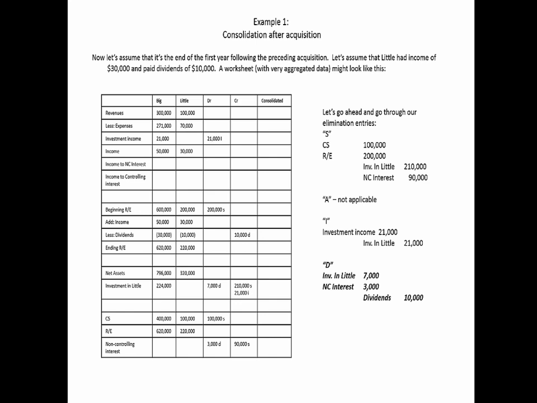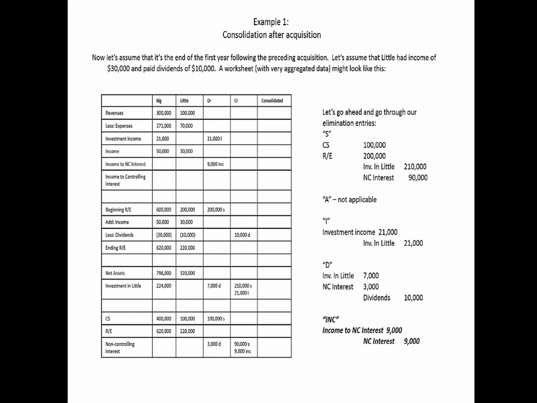When the subsidiary paid out dividends, that reduced their equity or their net assets, thereby reducing the value of our investment. And the same thing applies with a non-controlling interest. When the subsidiary pays out dividends, that reduces the net assets of the subsidiary, therefore reducing the value of that non-controlling interest, because the non-controlling interest represents their proportionate ownership of the subsidiary's net assets.